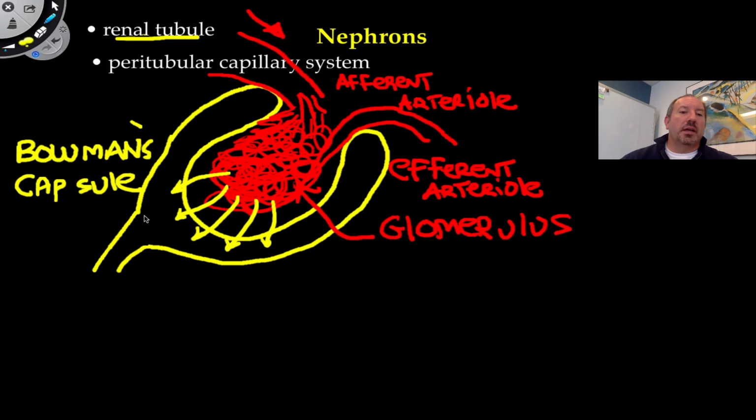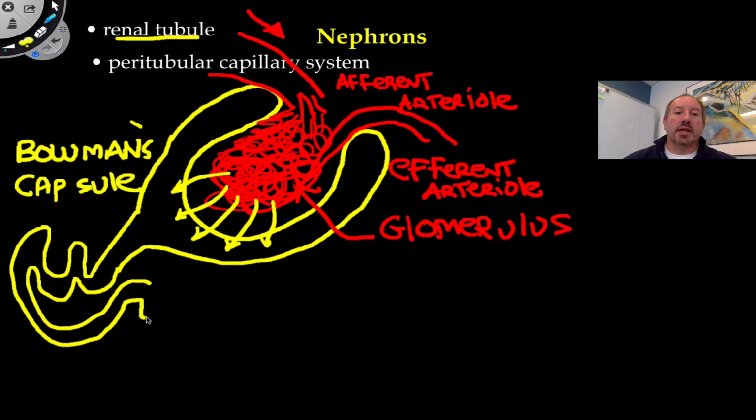And so here's the thing. The Bowman's capsule will then continue with the renal tubule, but it becomes very, very convoluted. And so it's kind of windy like this, sort of like a labyrinth maze. And the convolutions are in 3 dimensions, and so I can't draw that very easily, but it's very convoluted, and it's very close to the glomerulus and the Bowman's capsule.